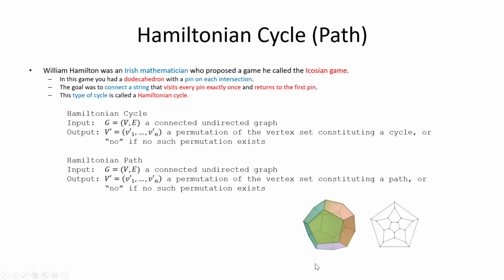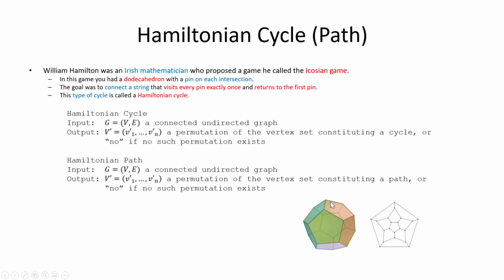And he had a shape like this, probably larger than a die, where he would put a pin in each of the vertices. And then the goal was to take a piece of string and try to visit all of the vertices on the dodecahedron and return back to where you started.